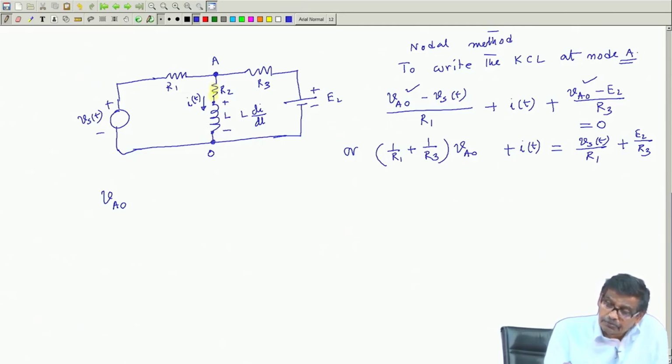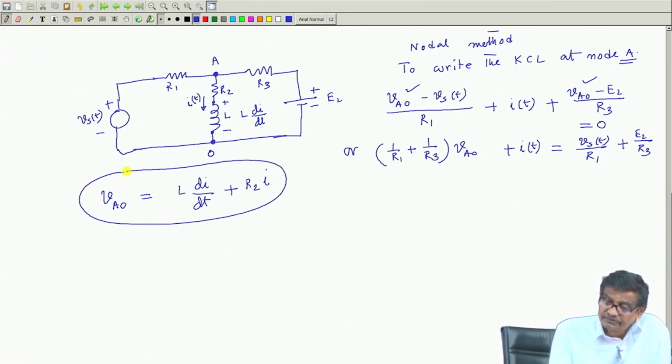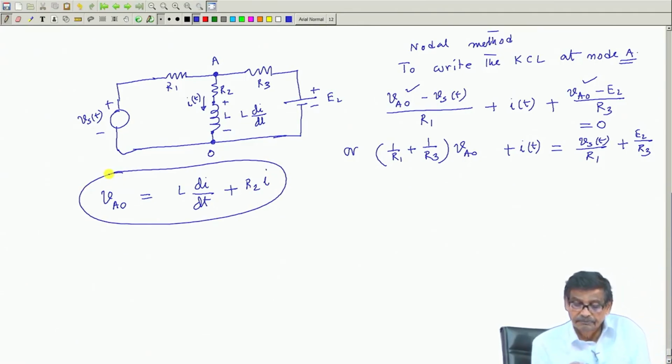I will choose this path, then VAO will be equal to L di/dt plus R2 into this I, is it not? Start your journey from this to this, you get L di/dt, then from this to this once again R2 into I. This will be the drop here. So, this is the other equation.